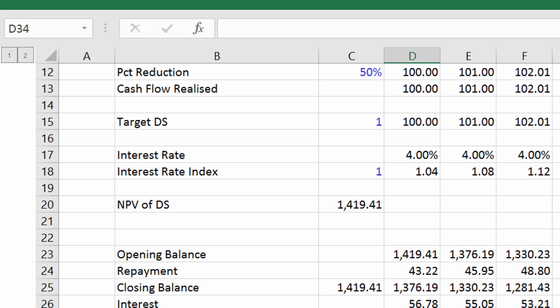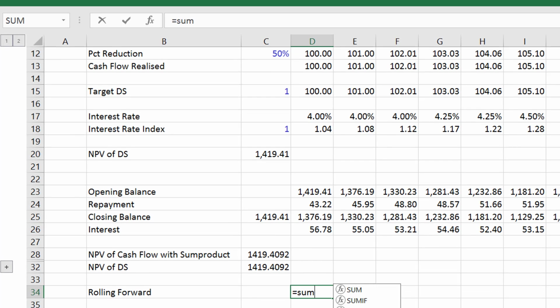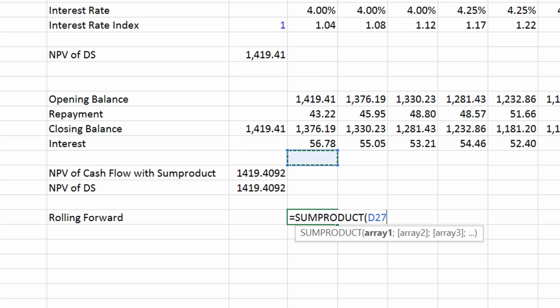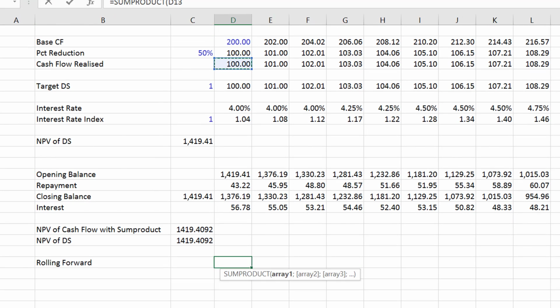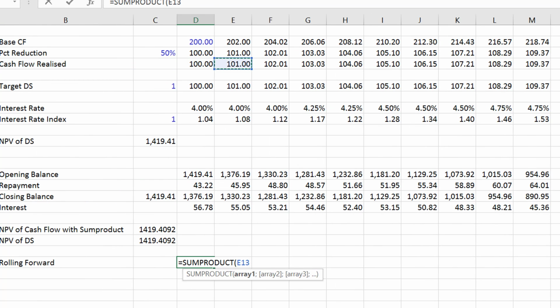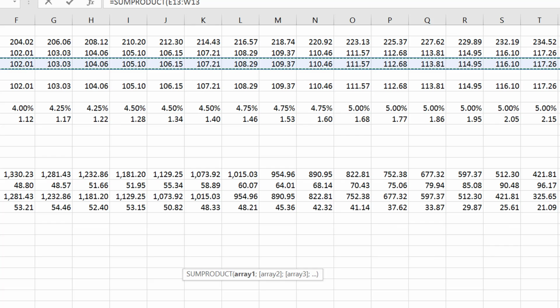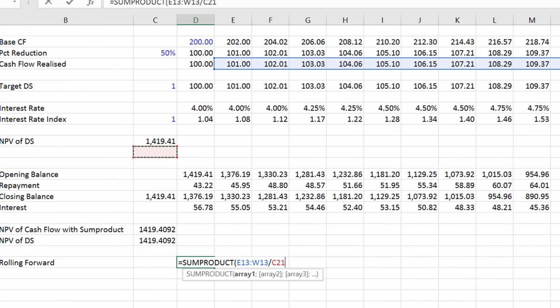Now, if you go forward here, let's take the sum product of the cash flow, go to the next period, and divide that by the sum product of the interest rate.